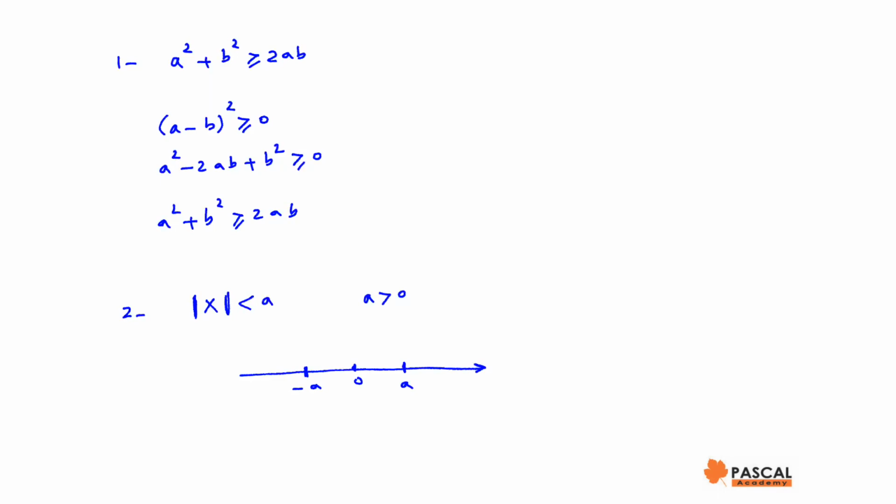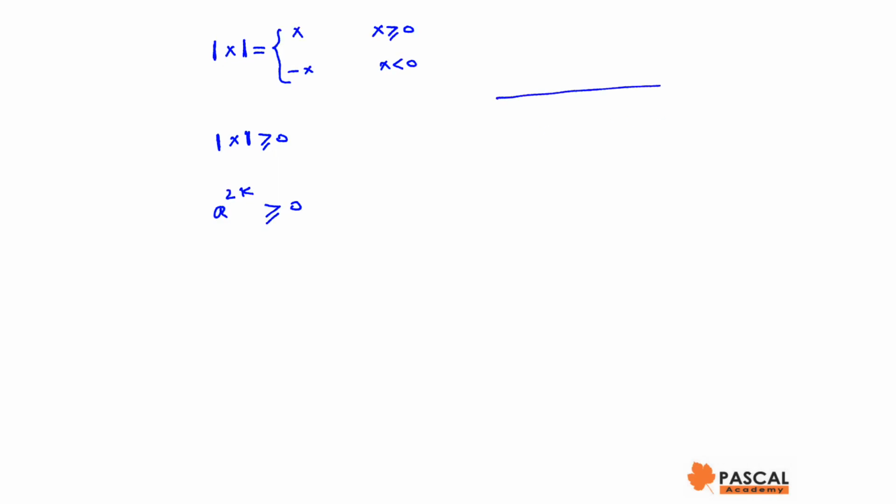That means the distance between x and origin on the real line is smaller than a. Therefore, x should be between a and minus a. Absolute value of x is the distance between x and the origin when x is on the real line.